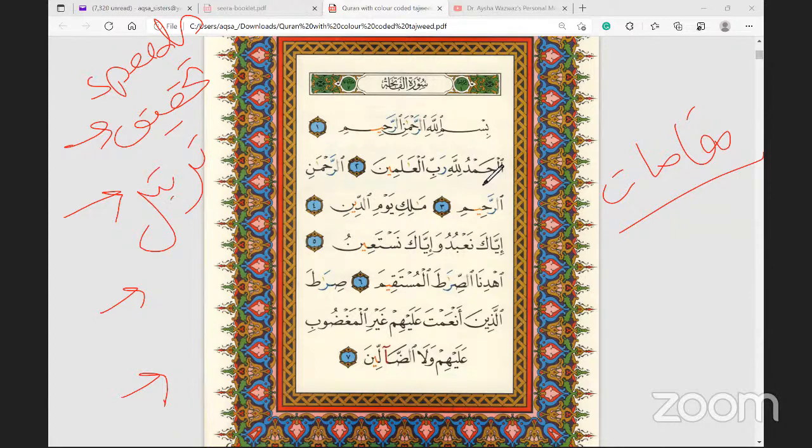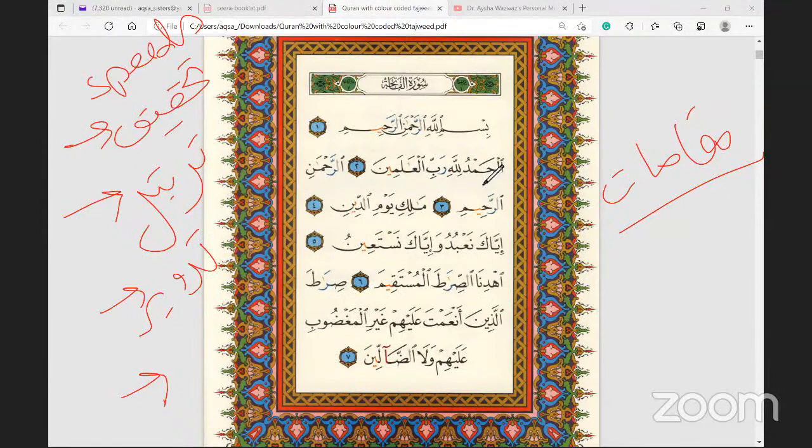Then you've got the tartil. Tartil is a little bit faster. Alhamdulillahi Rabbil Alameen. Ar-Rahman Ar-Rahim. That's tartil. Then you've got tadwir. Tadwir happens a lot during قراءات التراويح. الحمد لله رب العالمين الرحمن الرحيم.